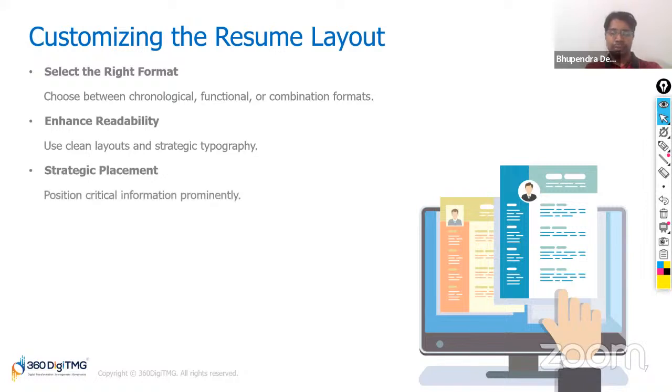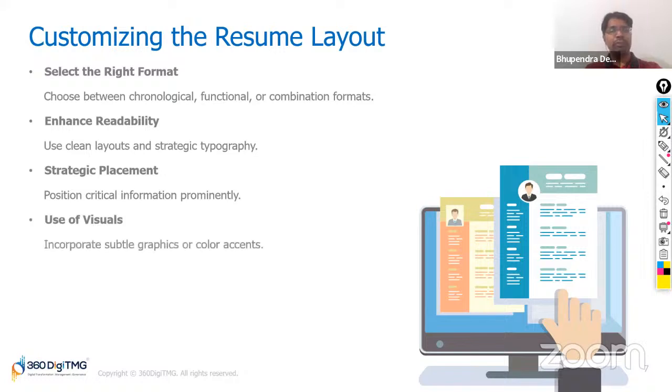Strategic placement. You have to make sure that you are positioning critical information properly. For example, the professional summary generally comes at the top, the first thing. Of course, how to write a proper professional summary, we will see that probably next time.